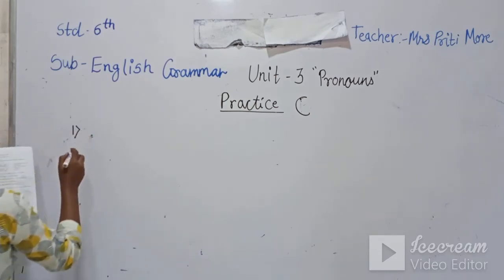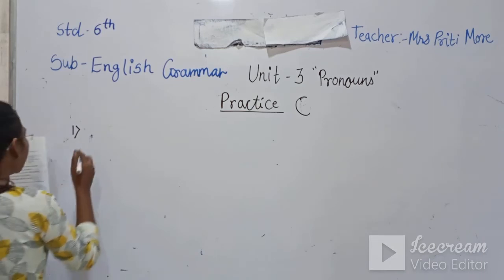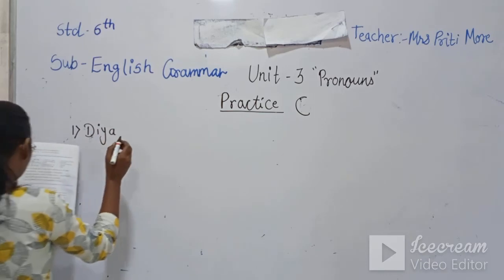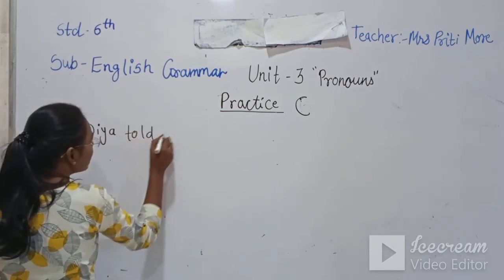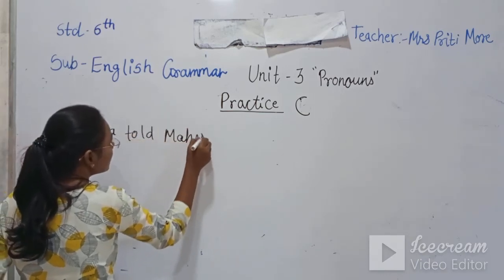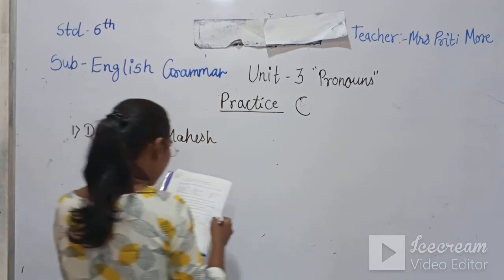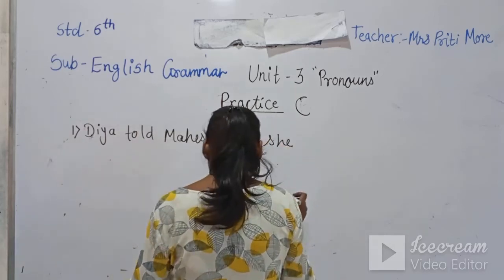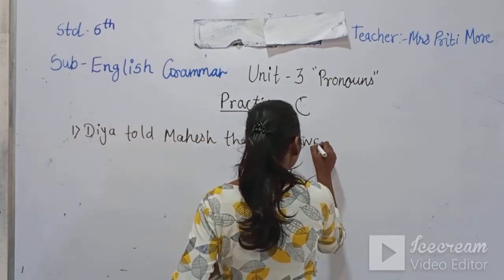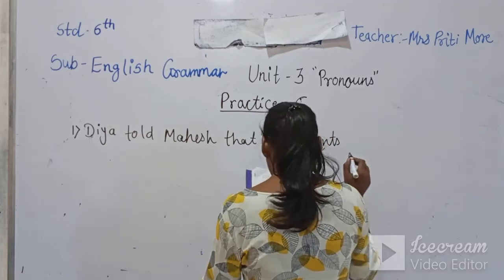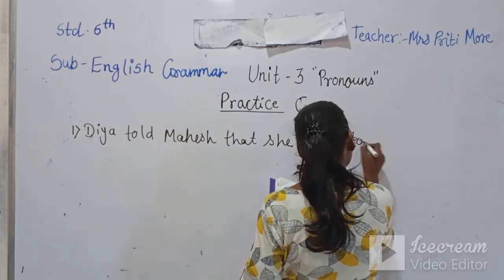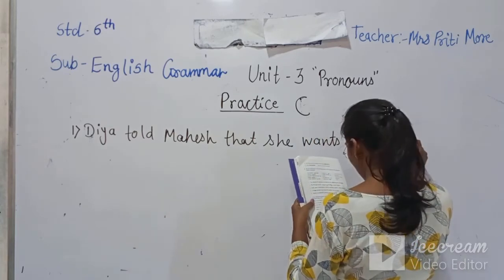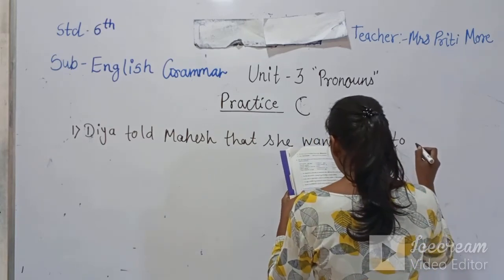So the first sentence is: Diya told Mahesh that she wants to go to Antarctica.